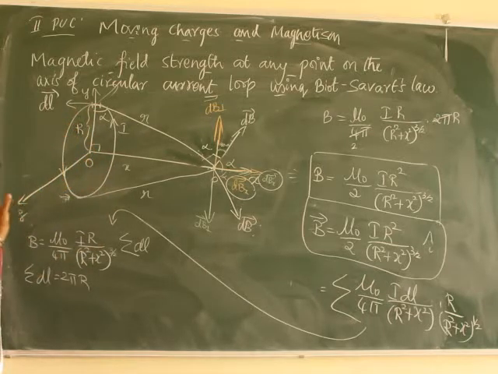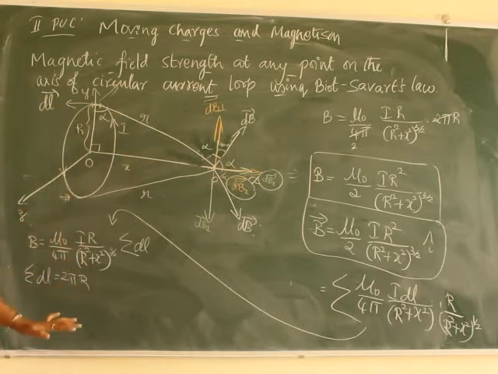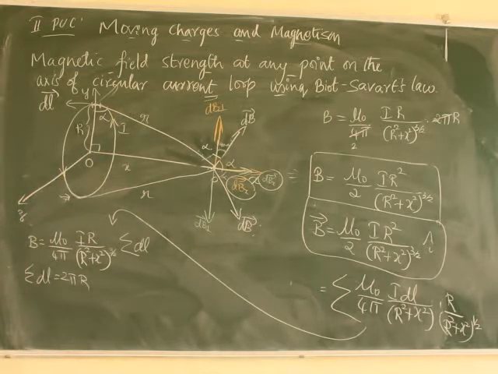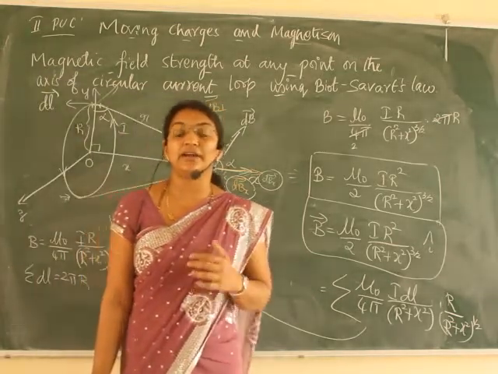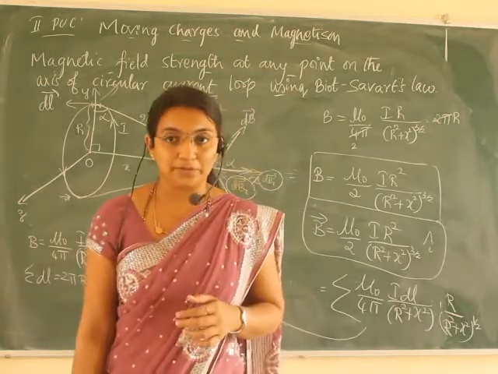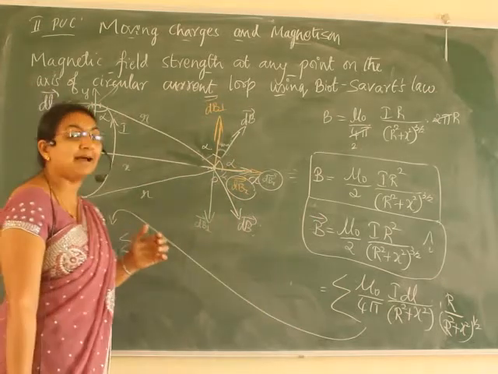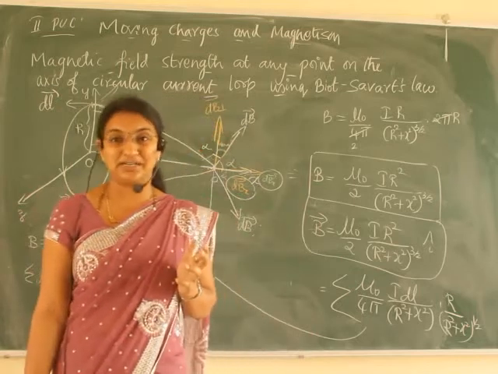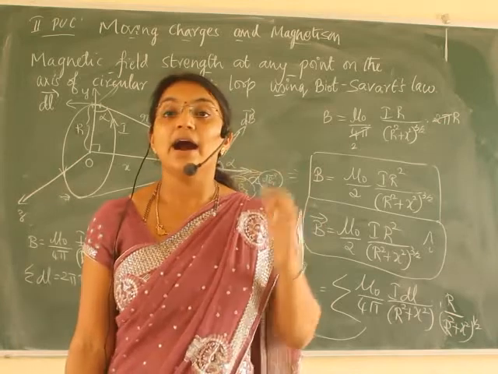Using the Biot-Savart, this circular loop is in the xy plane. Using the Biot-Savart's law, we can write dB vector is equal to mu naught by 4 pi I dl vector cross r vector divided by r cube. Then in terms of magnitude, dB is equal to mu naught by 4 pi I dl sine theta by r square.